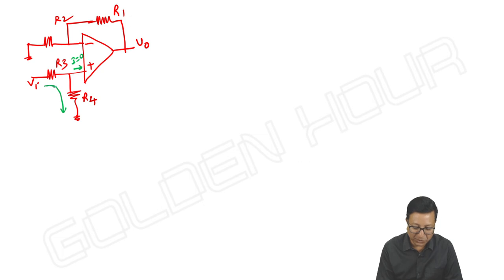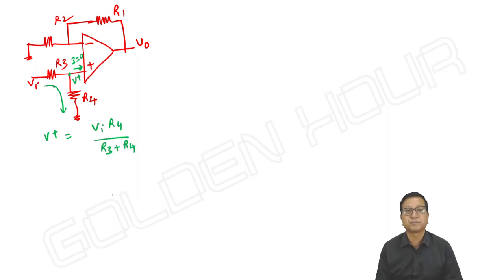So from input to ground, here no current is there, but from input to ground there is a current possible. So what about V plus then? V plus, or voltage at the non-inverting terminal. Voltage division rule. V plus is equal to Vi into R4 by R3 plus R4.